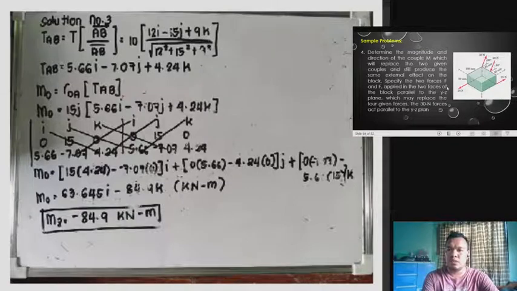Specify the two forces F and F applied in the two faces of the block parallel to the YZ plane, which may replace the four given forces. The 30 Newton force acts parallel to the YZ plane. Plane yan.